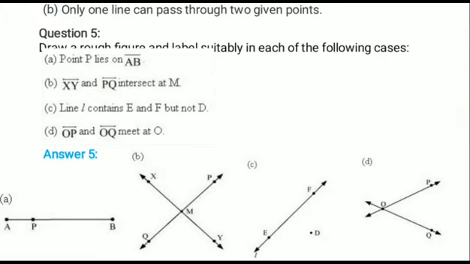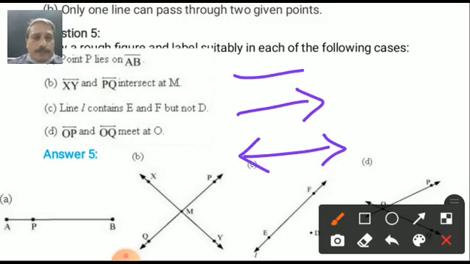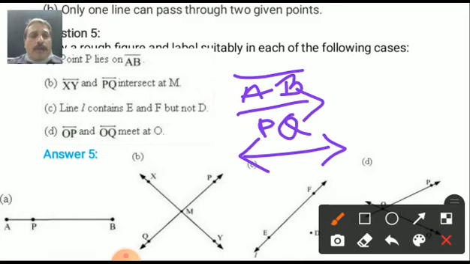The symbol of a line segment is a simple line, a ray has one arrow and a line has double arrows. Whenever you are representing line segment AB, just write AB with a bar. Whenever you are representing a ray PQ, it is shown this way.